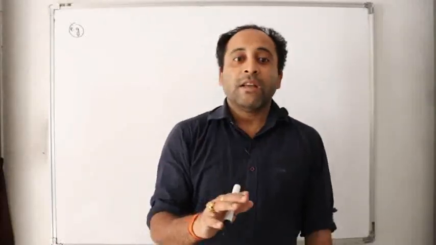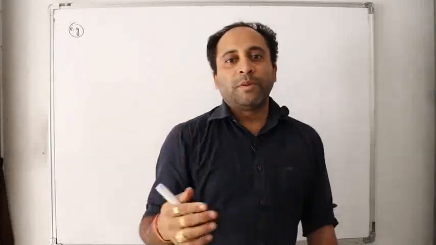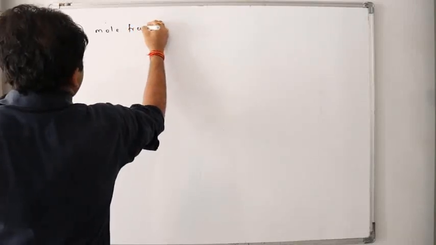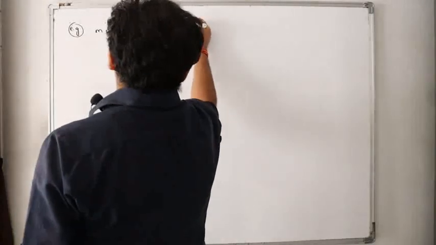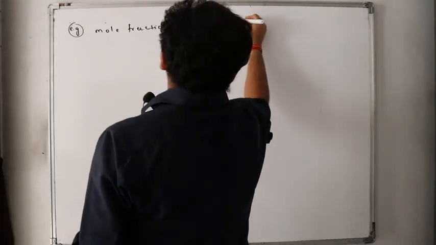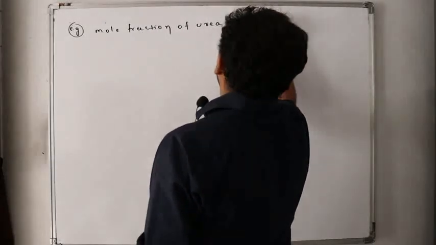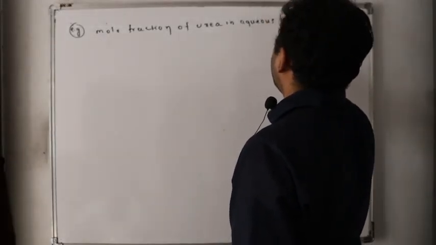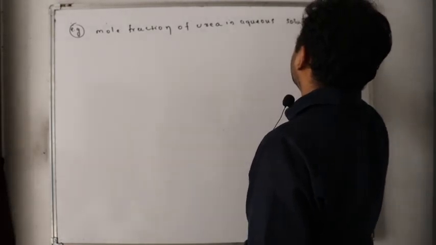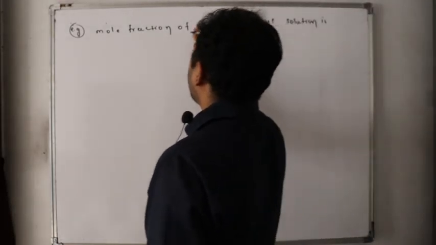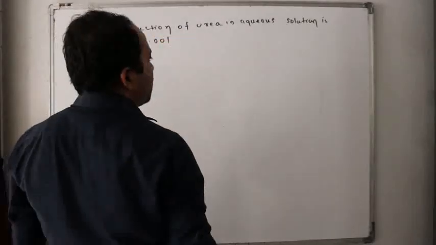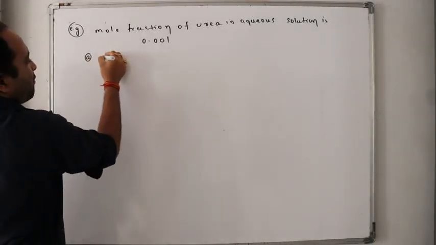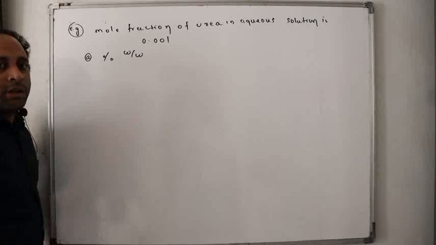In the same way, if I say the mole fraction of urea in aqueous solution is 0.001. First, find out percentage W by W. Okay.